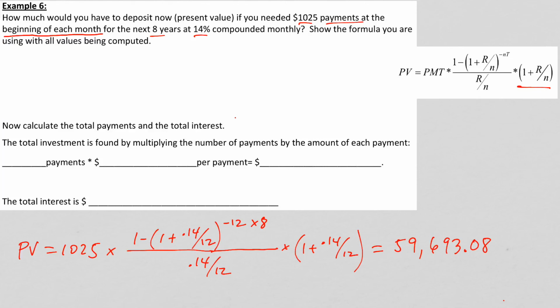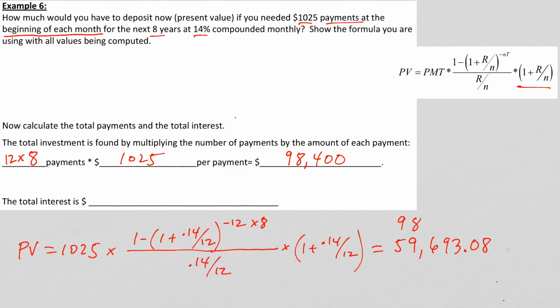So that's what we need to fund the account with in order to receive those payments every month. Each month, 12 times per year for 8 years, that's that many payments, we're going to receive a $1,025 payment. So we will receive a total of $98,400 in payments. But we only funded the account with $59,693.